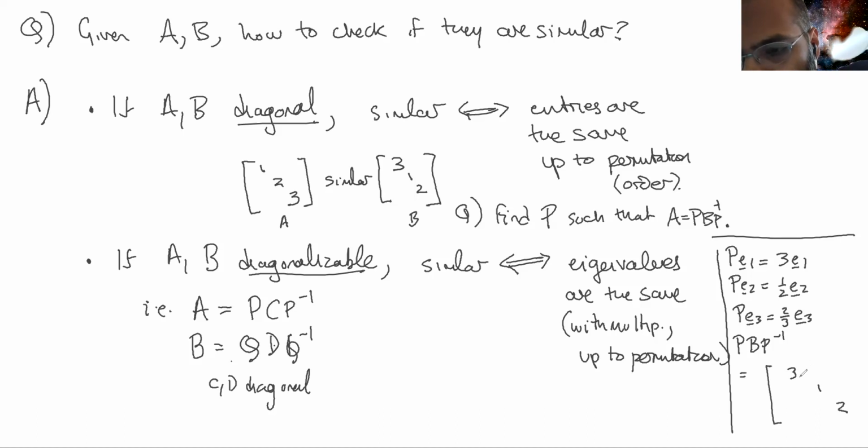So what you'll do is you'll divide by 3 here, but multiply by 3 here. And here you'll divide by a half, which means multiply by 2.